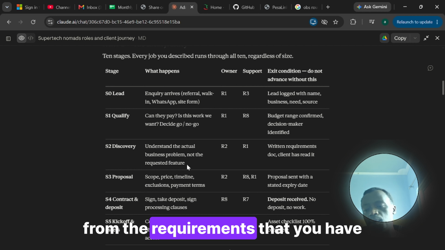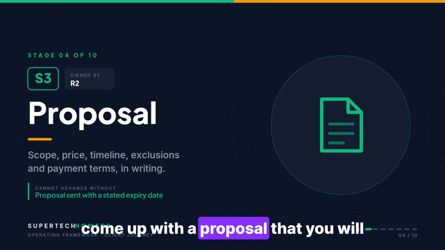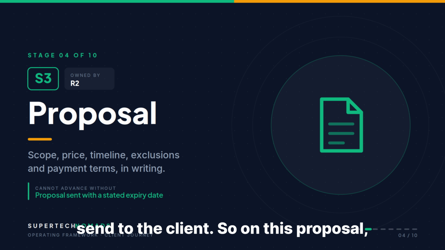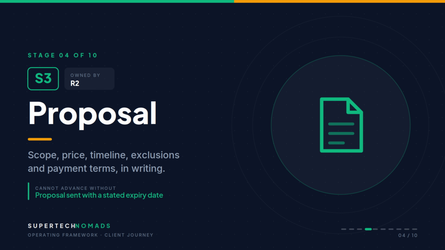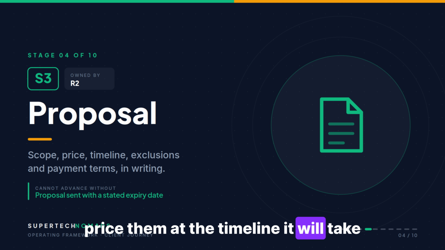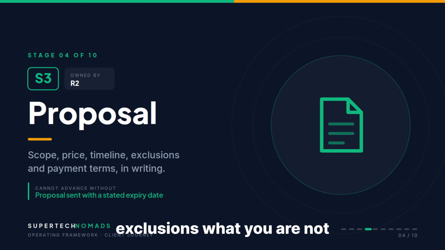Then from the requirements that you have gathered, of course, the next thing now is to come up with a proposal that you will send to the client. On this proposal, you have to give them the scope, the pricing of the project, how you price them, the timeline it will take, and exclusions, what you are not covering.